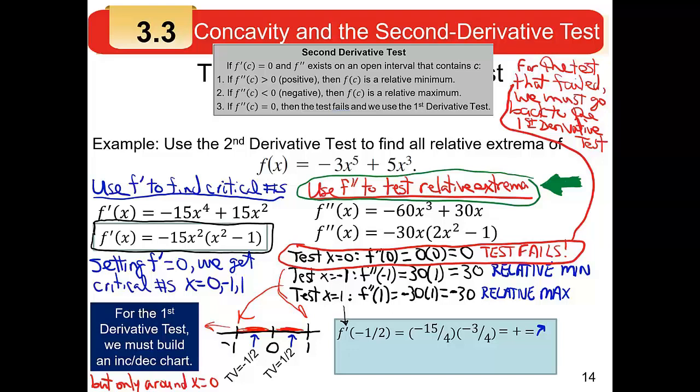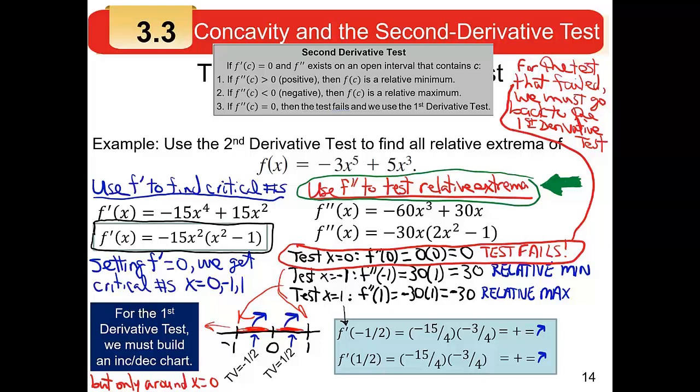Remember, the first derivative tells you about increasing, decreasing. So to the left of 0, the function is increasing. Then you take your second test value, which is 1/2, plug it in, and again you get a positive, so it increases on both sides.